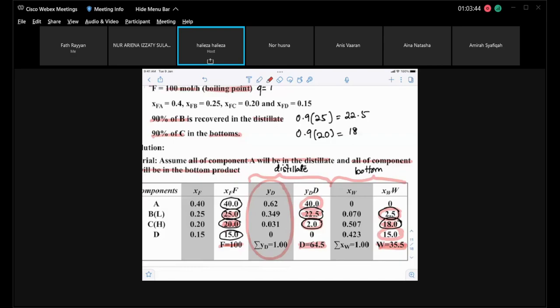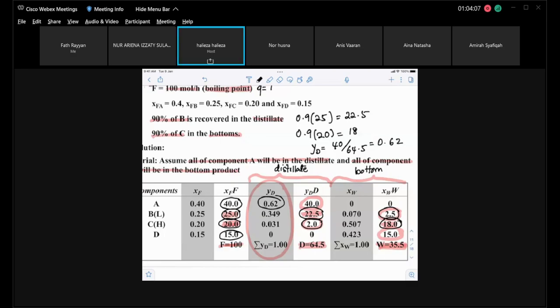40 divided by 64.5, you will get 0.62. That is 40 for component A, YD, because it's the top product, divided by 64.5. Let me key in the values. You get 0.62, which is that value there.